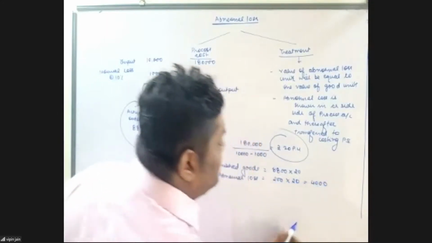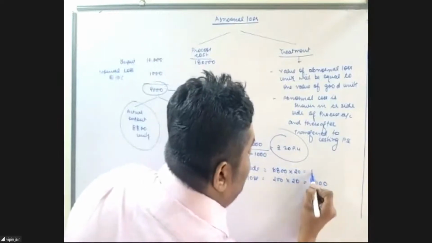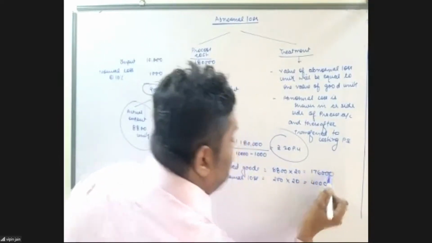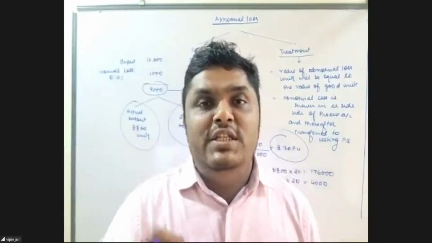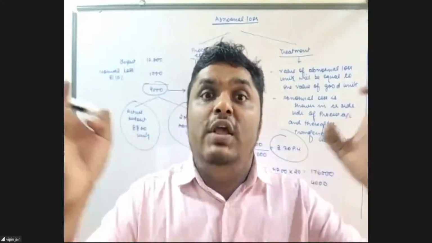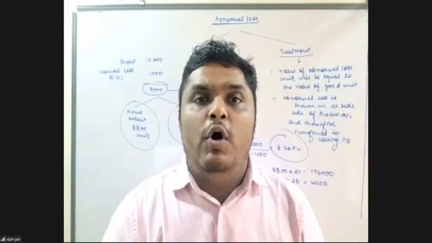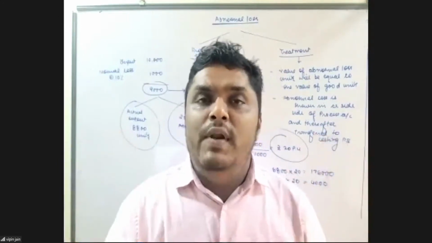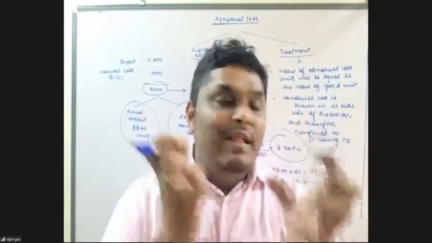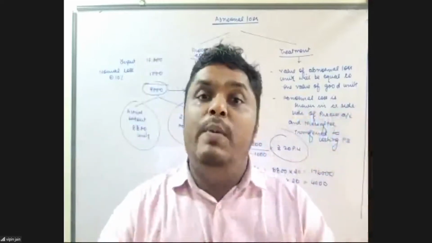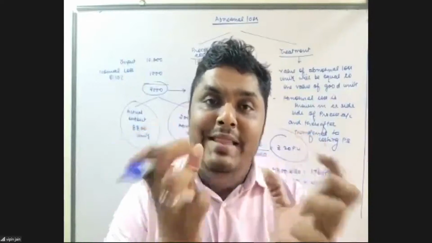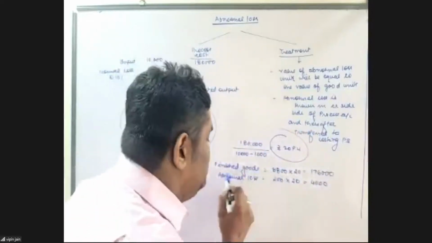So this will be 4,000 and this will be 1,76,000. Cost per unit formula change नहीं होगा. Product cost inflate नहीं होगा because of abnormal loss. The cost per unit will be same. As I told you guys, the value of abnormal loss will be equal to the value of good units, and this amount is to be transferred to costing P&L.